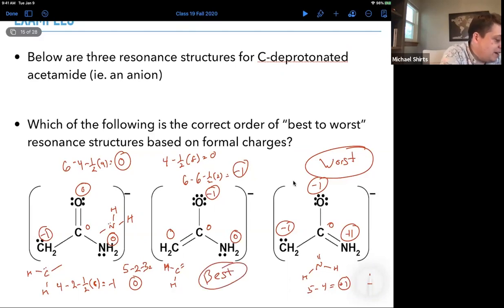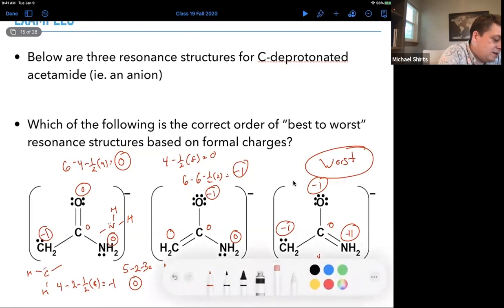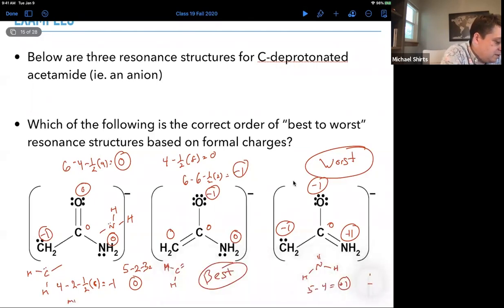And then the one on the left is middle. That one is more stable than the one with separated charges, but less stable than the one where the electron is on the oxygen.